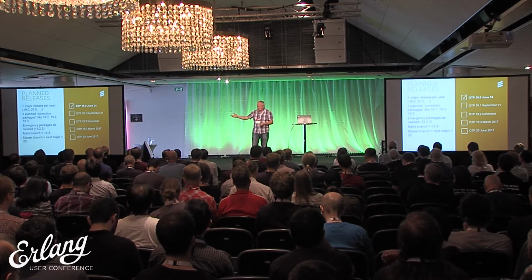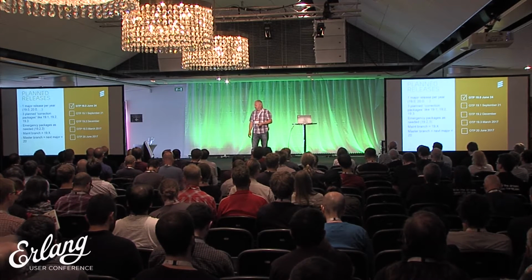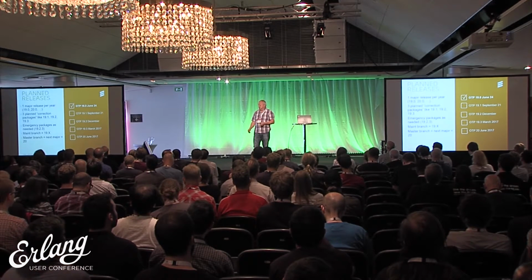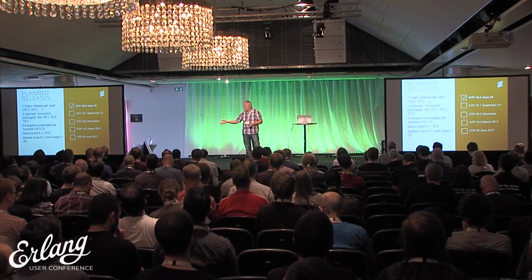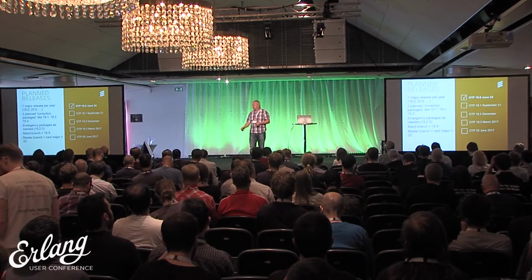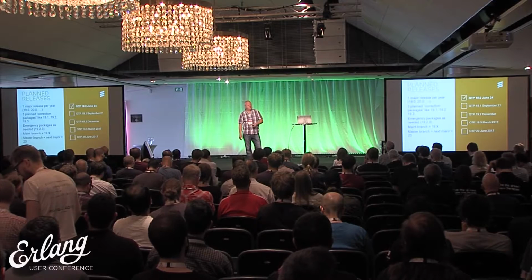Everything here is available on GitHub and tagged, and it's announced on the Erlang questions list. And there's a main branch for the current supported release, and there's a master branch for the upcoming next major release.